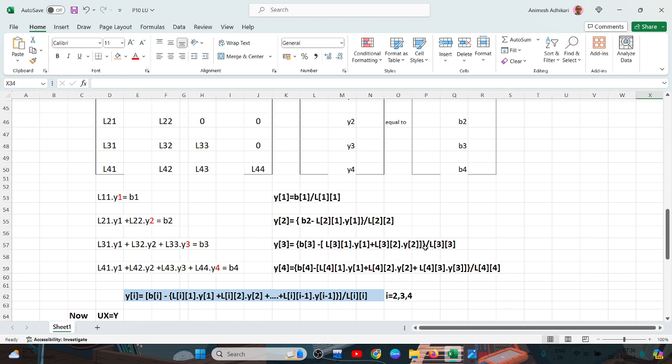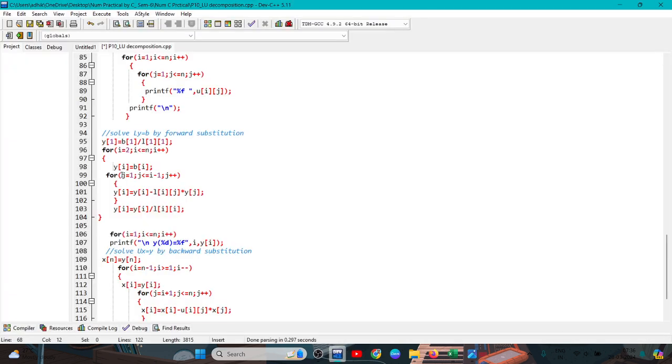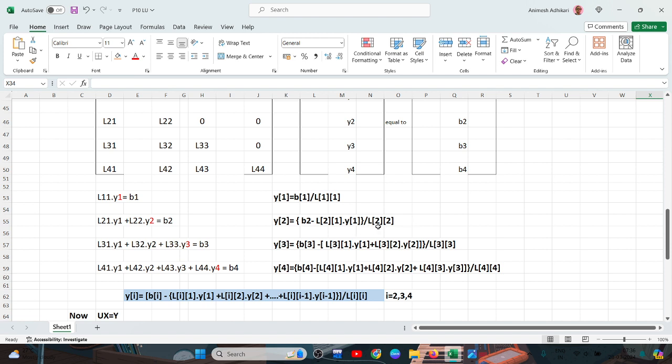Actually, take i equal to 2, so y2 equal to b2, where this is the new value of y and this is the old value, and then minus l21 into y1, with j equal to 1.